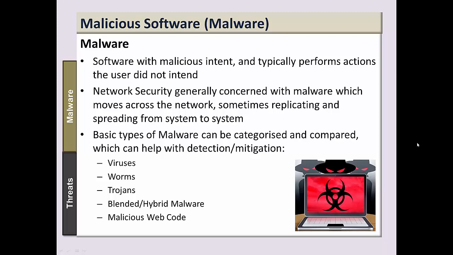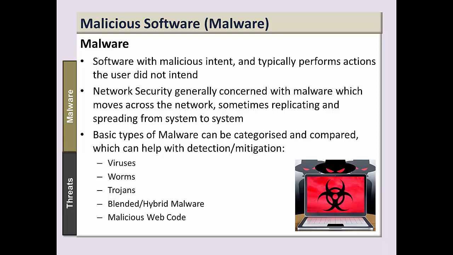So malicious software, or malware, is any type of software which is written with some sort of malicious intent, something that will do things that the user wasn't intending the software to do. There are several types, and it's a growing area at the moment and very hard to defend against.